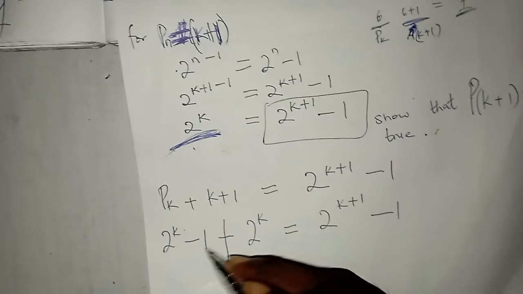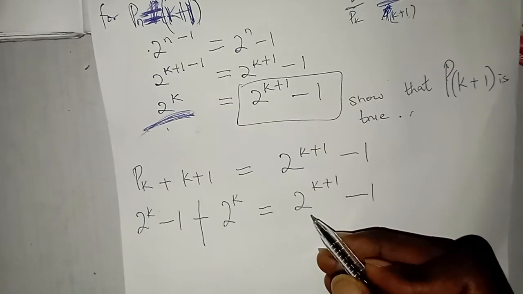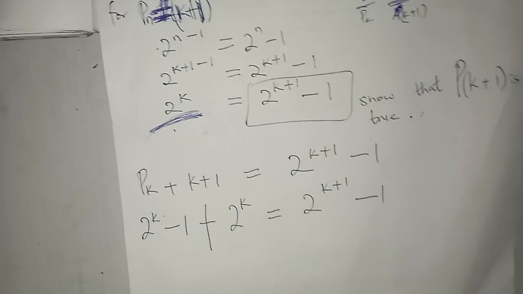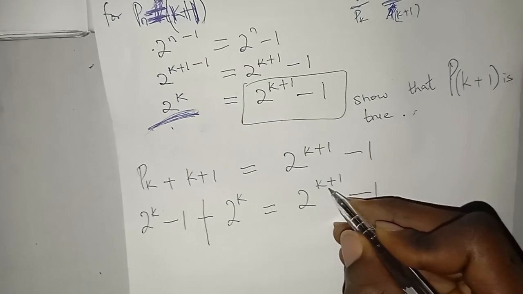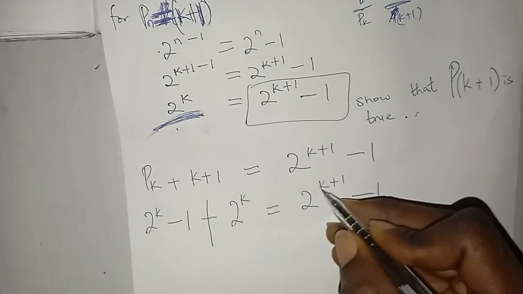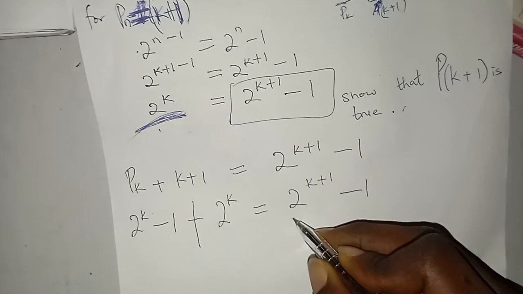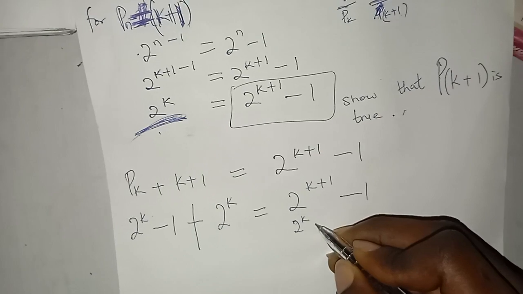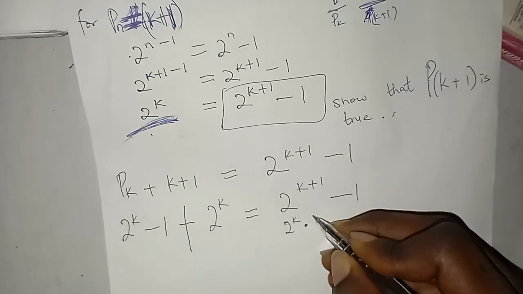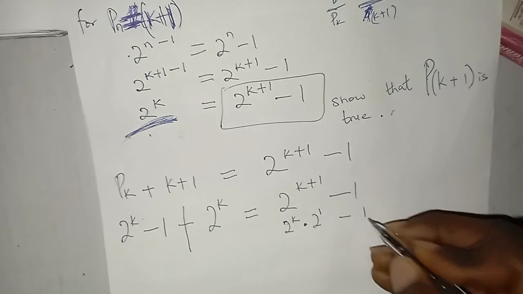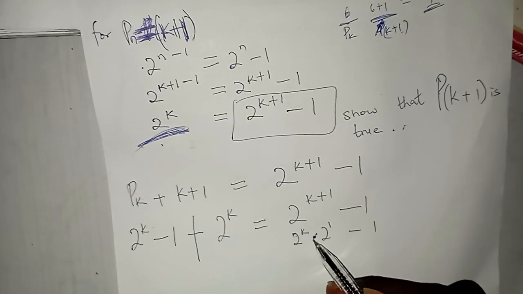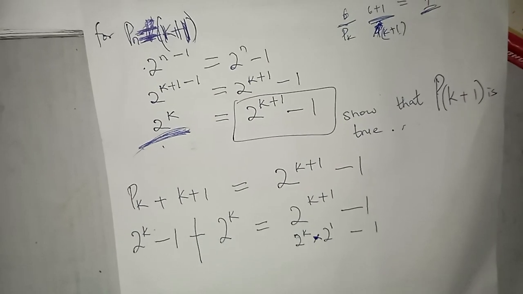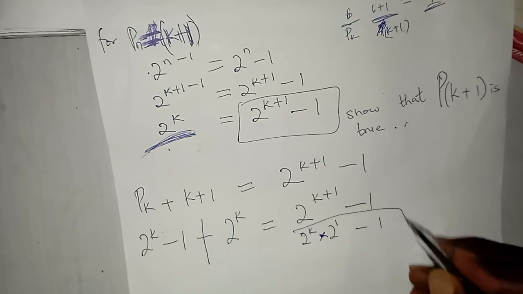So notice that this thing that I have here, the right hand side, first of all, let's look at it. This right hand side is the same thing as, because of indices, when I have the powers added up, this is the same thing as saying 2 raised to power k times 2 raised to power 1, minus 1. Indices, if you remember. So this thing is also this thing.